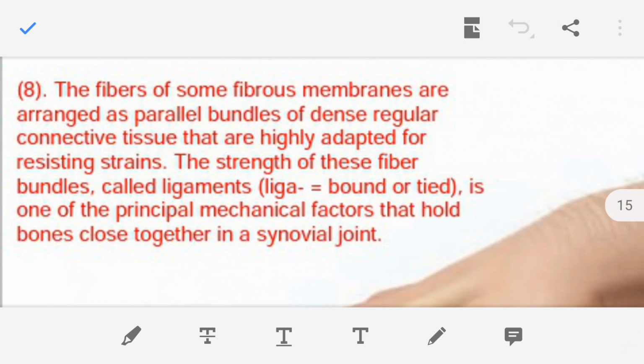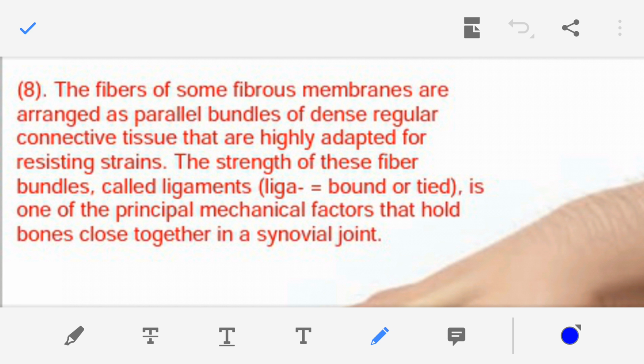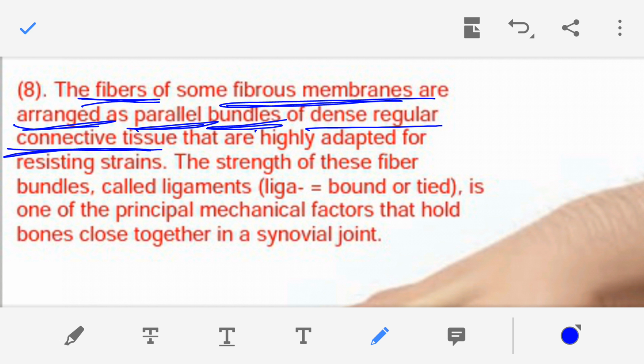And what are these ligaments? See, the fibers of the fibrous membrane arrange parallel in bundles. These bundles are of dense regular connective tissue in which the collagen fibers are present, and these bundles are highly adapted for resisting strains.